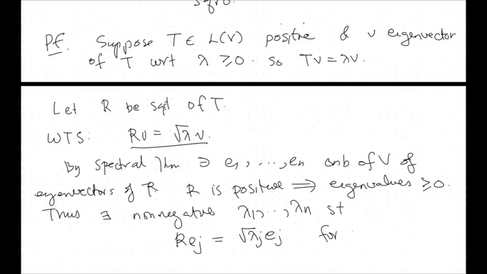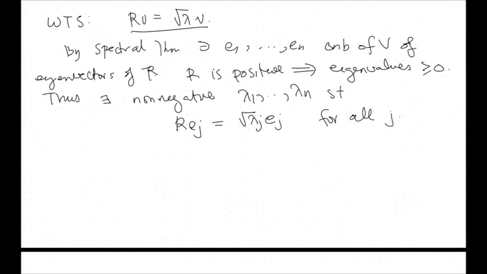This is for all j. So e_j is an orthonormal basis.